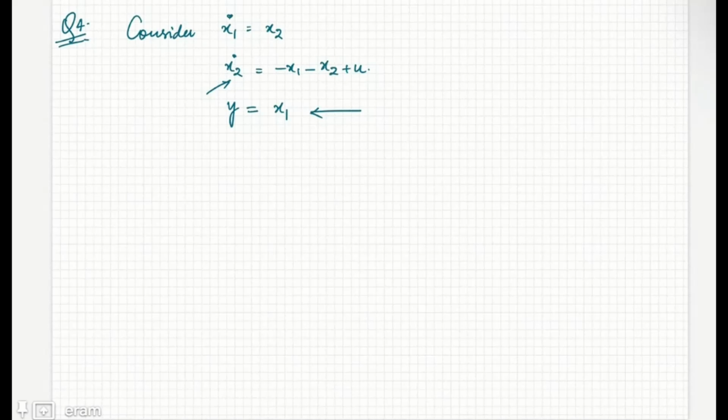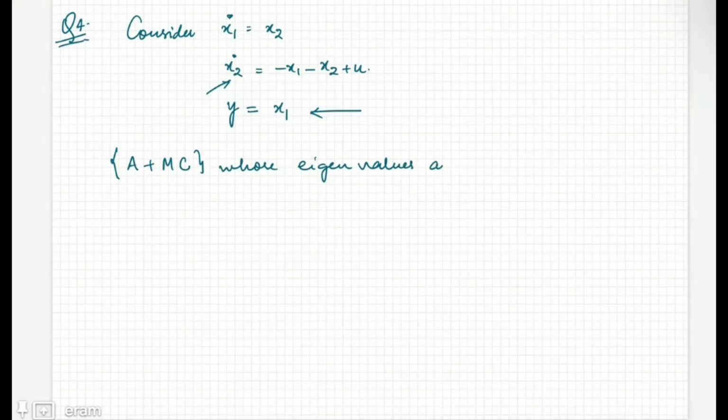Suppose we have constructed an observer, and then we have this matrix A plus MC whose eigenvalues are minus 1 and minus 3.